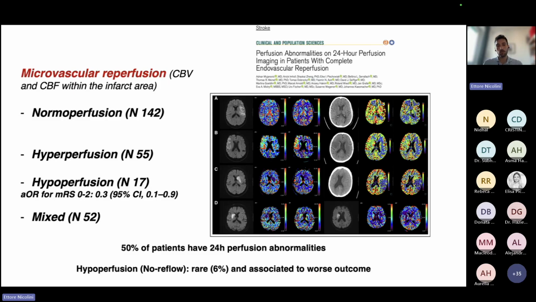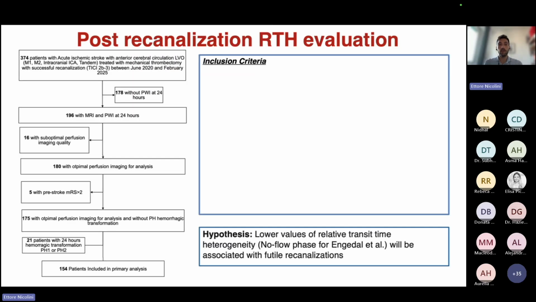The other important data is that just 70 patients, so just 6% of patients, presented hypoperfusion within the infarct lesion. So it seems it is quite rare, and it's really different from the prevalence we've seen in the previous study.